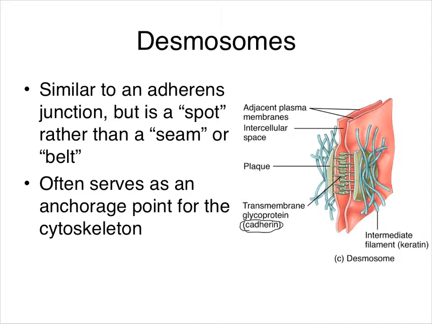And intermediate filaments were like the ones that are like ropes. They resist pulling forces a lot. And intermediate filaments will typically hook on to this adherens, or to this desmosome, and they'll pull against each other, because here's an area where you can get a good anchor point.